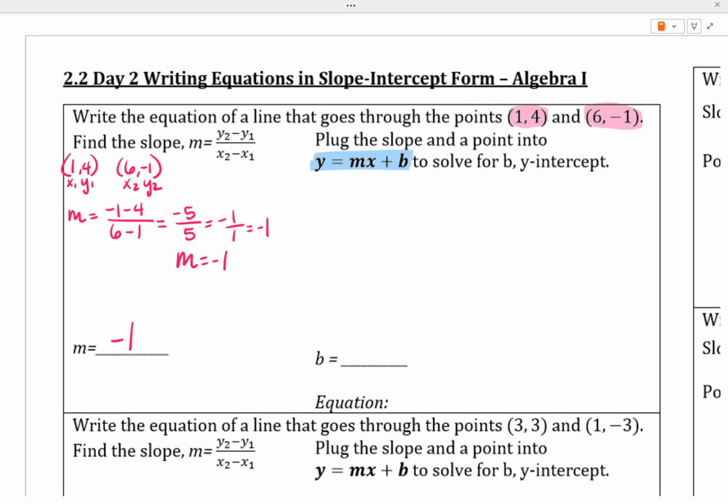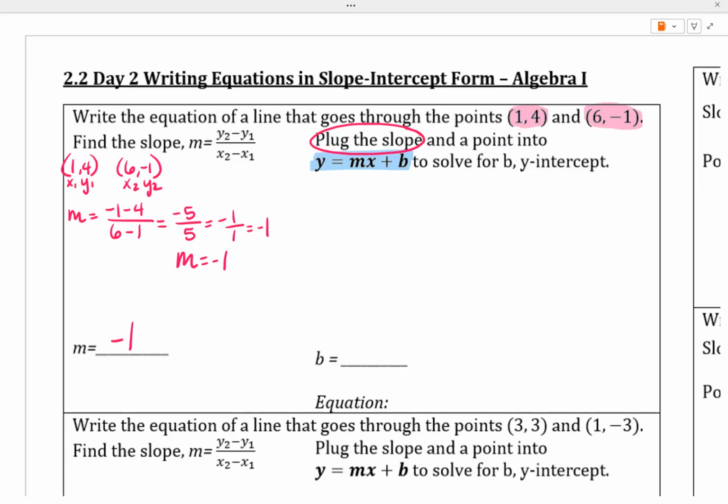Once I have -1, I am going to plug in the slope into slope-intercept form, and I'm going to pick one of the 2 points. It technically does not matter which one it is. It can be either of the 2 points. I'm going to pick the first point, (1, 4).